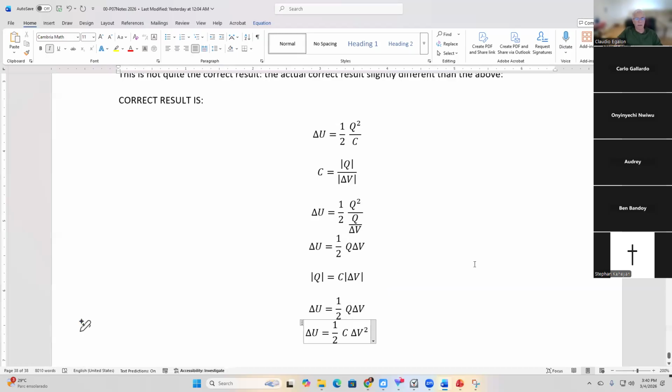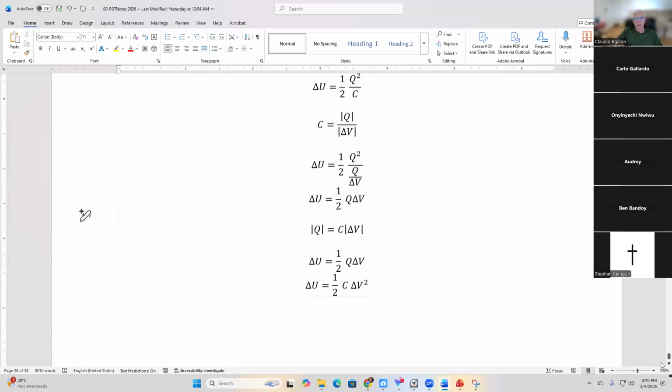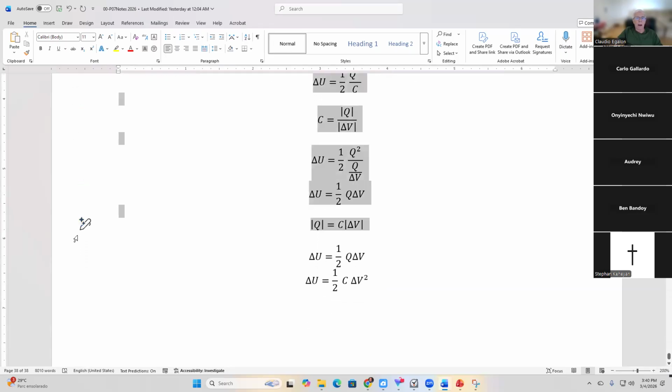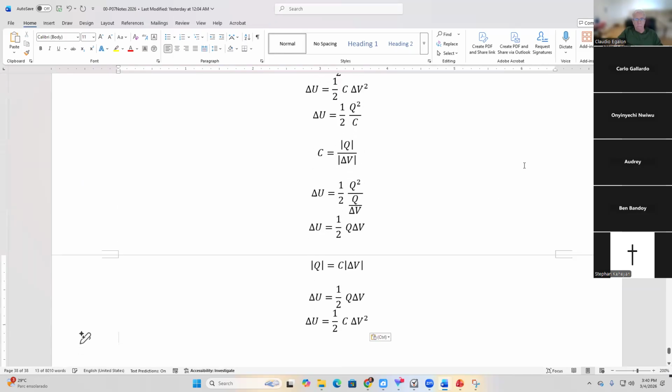Three different ways of expressing the potential energy of a parallel plate capacitor.